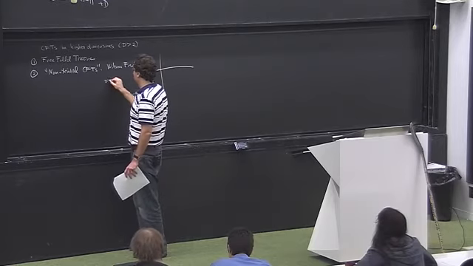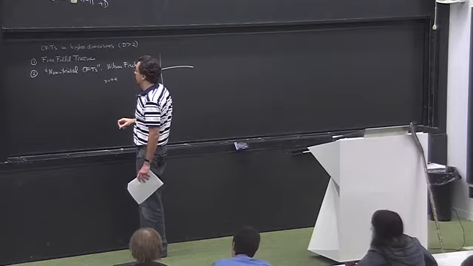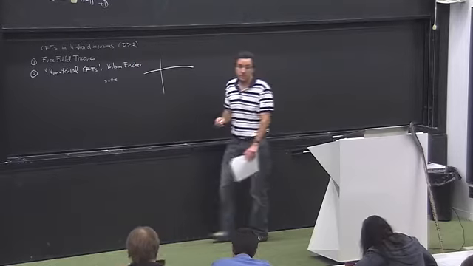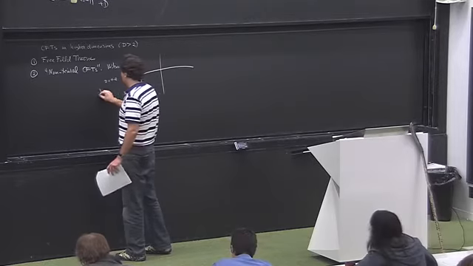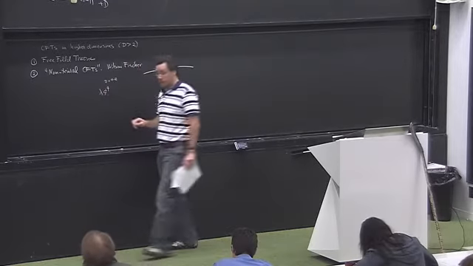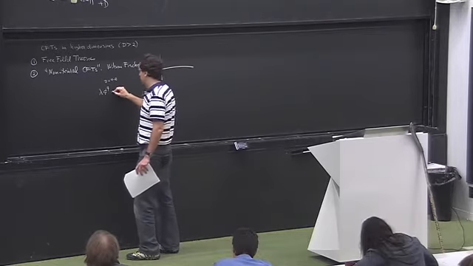by going away from 4 dimensions, we made one of the classically marginal couplings, lambda phi to the 4, slightly relevant.